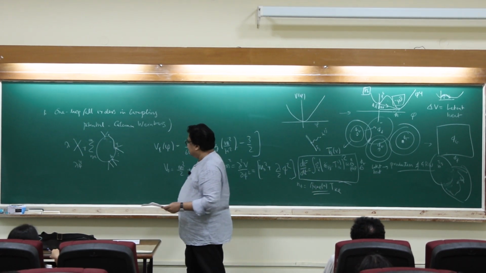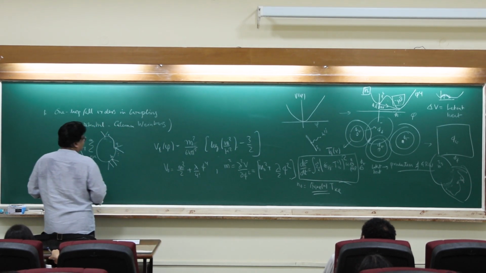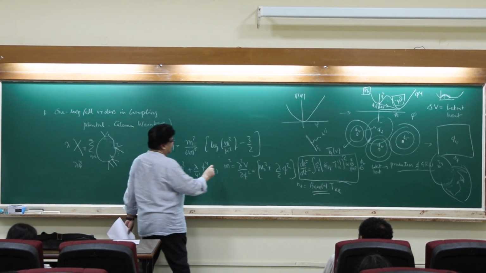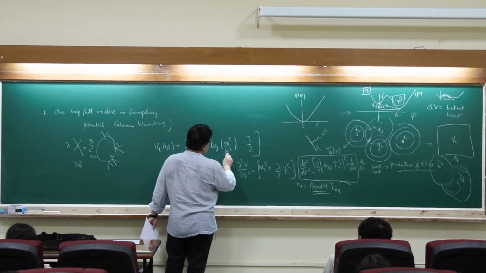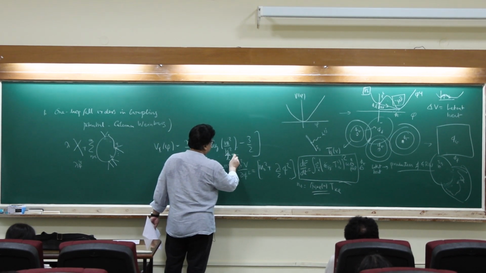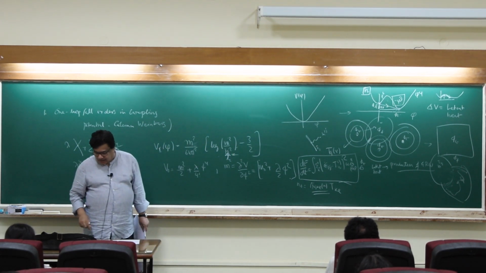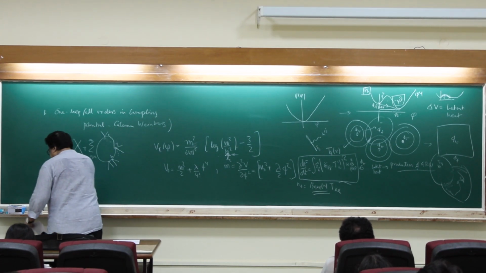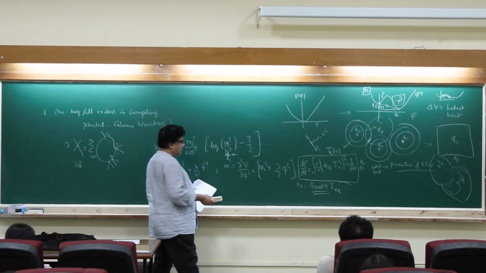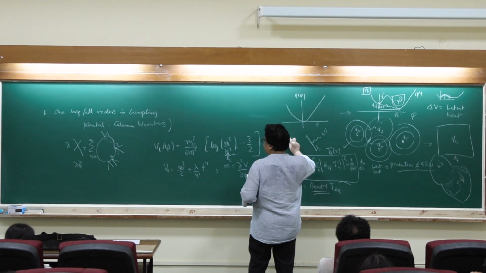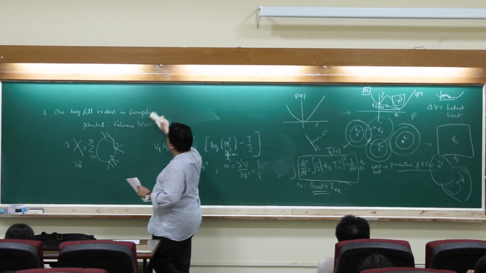Okay, so briefly then, here in the Coleman-Weinberg potential you have a mu. So briefly let me tell you what this mu means, and then I'll move on to calculations of these. I'll erase this one.